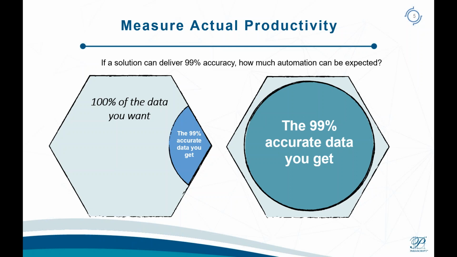Again, the higher the accuracy level that you desire, chances are the lower the amount of tasks that you can actually automate. But the key thing to consider is, just because somebody says 99% accuracy, that doesn't tell you a single thing. You've got to ask a lot more questions. How much of that data?